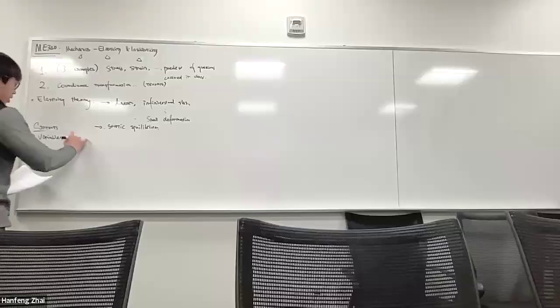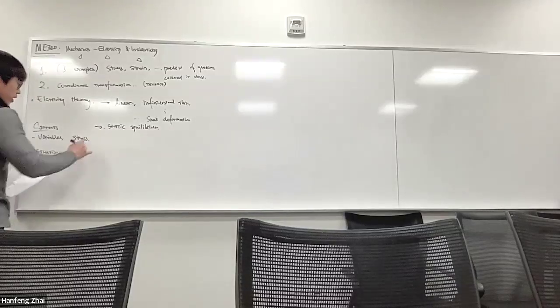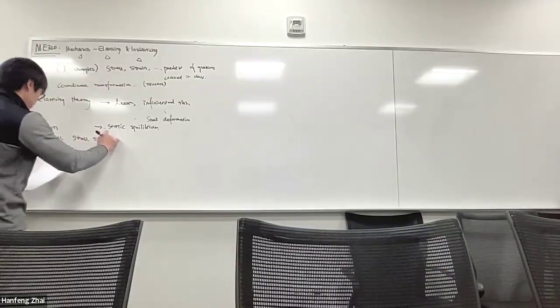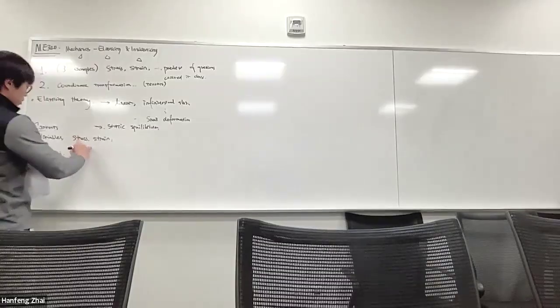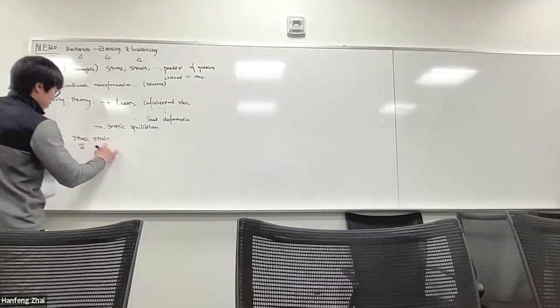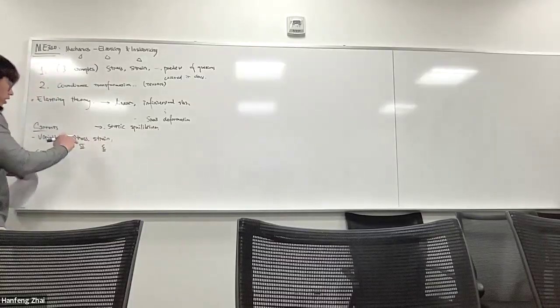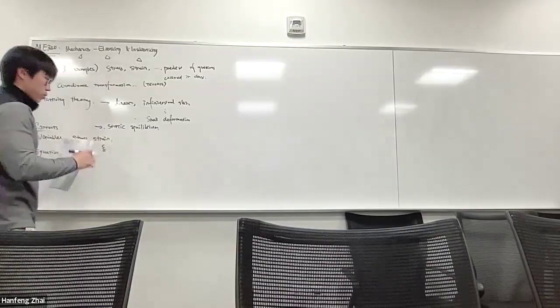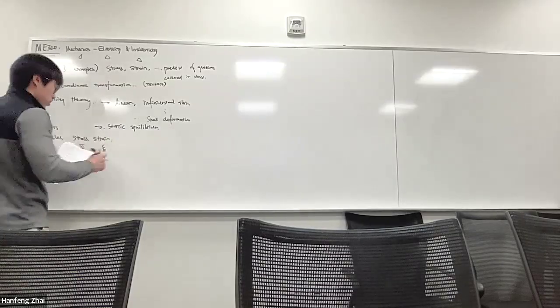For the variables, you will be learning specifically today about the concept of stress and strain, and we can use different symbols to represent them: sigma, epsilon. I draw two lines underneath to represent a second order tensor, which will be introduced later. For now, you don't have to worry too much about the symbols.